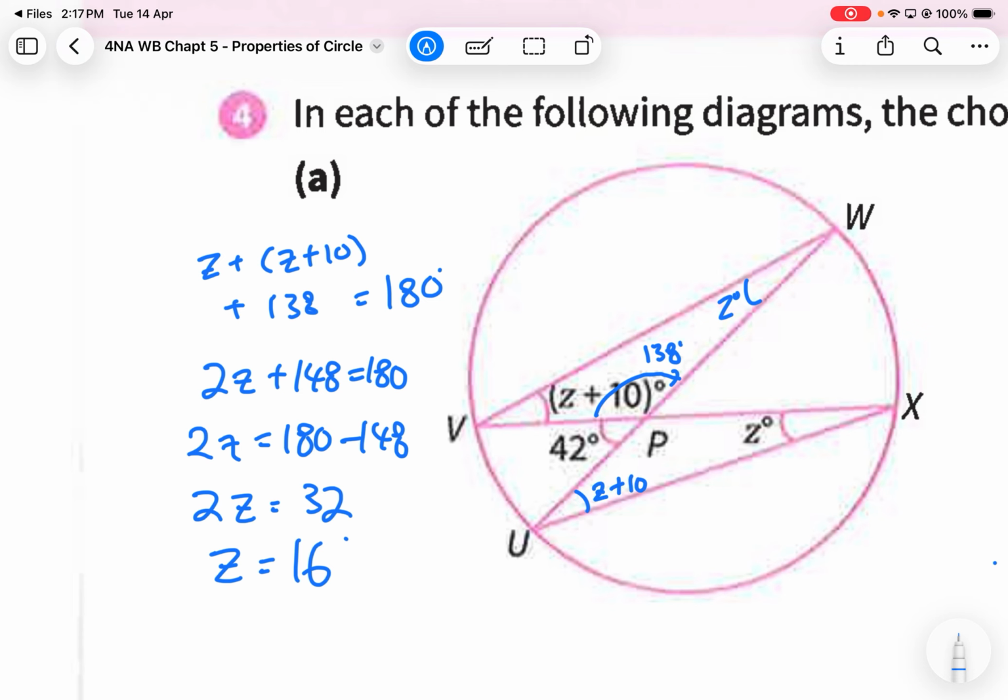So it's the same. Then you will also be able to form a triangle. These three angles add up to 180, which is the exact same equation that I formed. Solve already, then I will get the same answer. Z equals to 16. Either I use this triangle or I use this triangle, I can get the same answer.